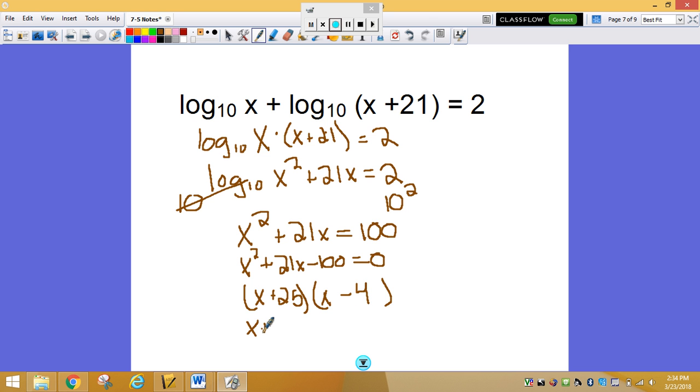So set them both equal to 0. Move your 25 over and you get negative 25. Move your 4 over and you get 4. Again, you can't take log base 10 of a negative number. It's undefined. So your only answer is really x equals 4.